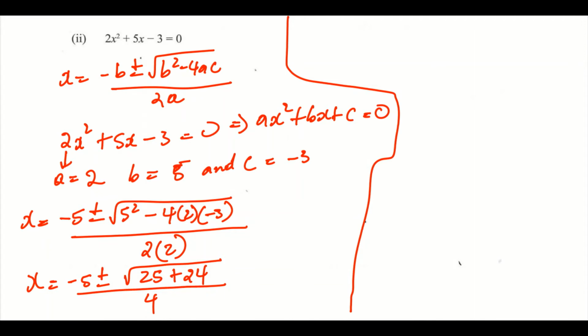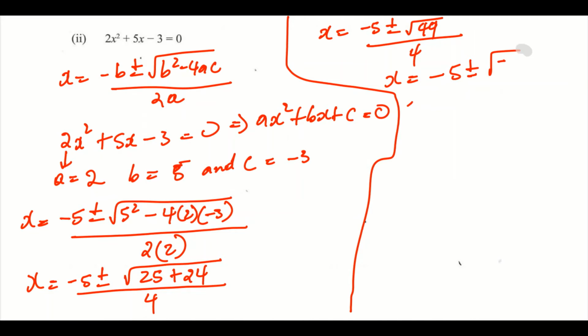Now we can simplify further. We know that x is equal to minus 5 plus or minus the square root of 25 plus 24 gives me 49, all over 4. So x is equal to minus 5. I would know that the square root of 49 is 7.